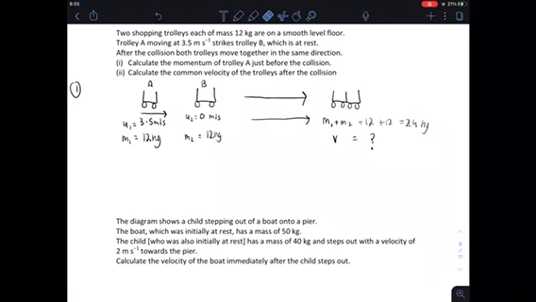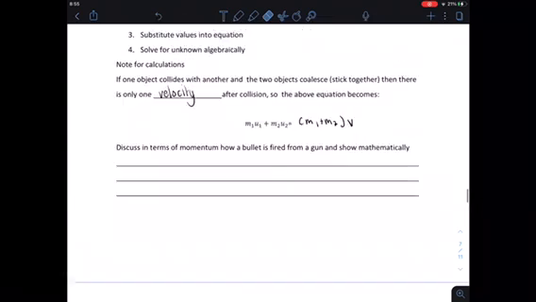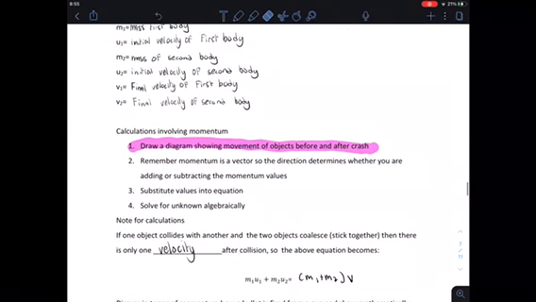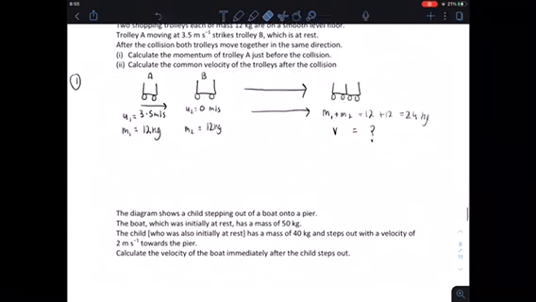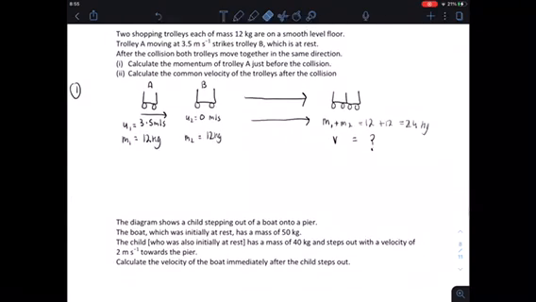Okay, the first thing I'm going to do here is draw a diagram of what I have. If we go back on our notes, we can see we have a few steps to follow when doing calculations involving momentum. The first one is to draw a diagram. So here you can see I have trolley A, trolley B, and after the collision, trolley A and B are stuck together.